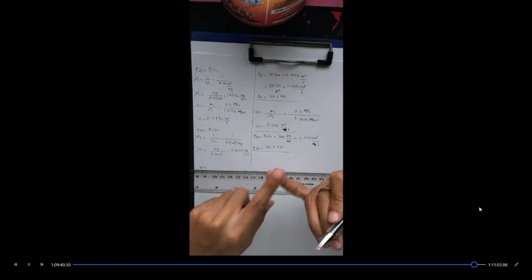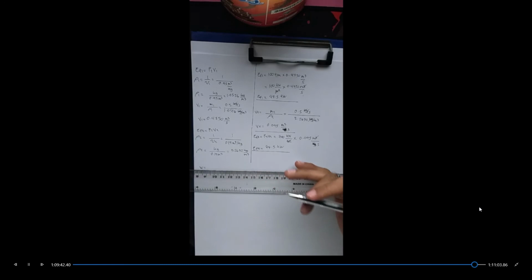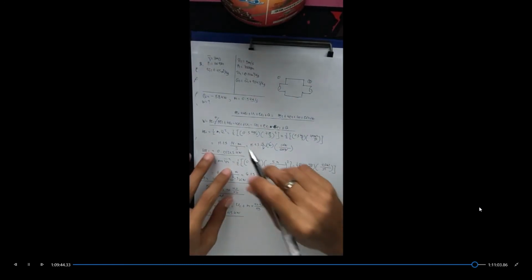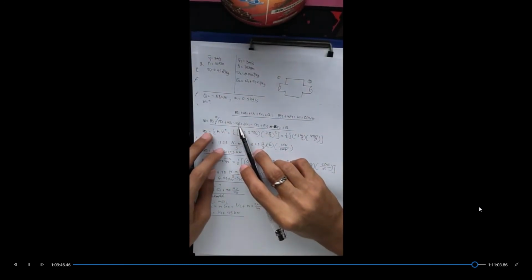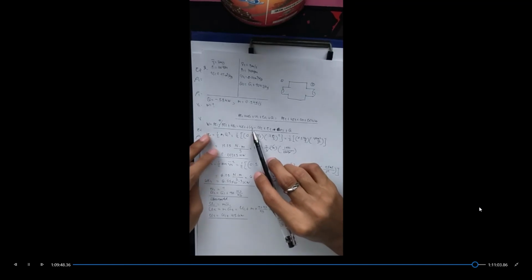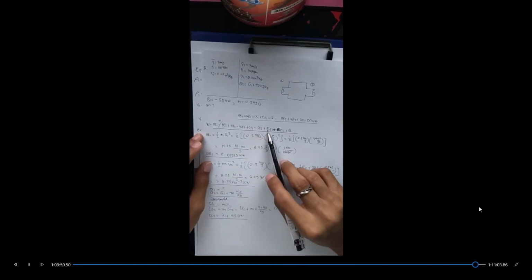Now work is, the general equation for work is kinetic energy 1 minus kinetic energy 2, plus U1 minus U2 plus EF1 minus EF2 plus Q. So we'll start with our kinetic energies.